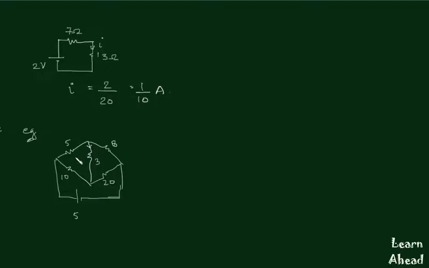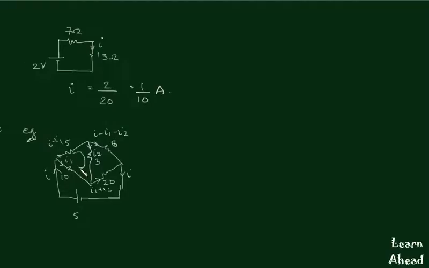So in your 12th standard, what you have done is, you suppose this current to be I and this current to be I1, then you say that by KCL this current would be I minus I1, and let's suppose this current to be I2, then this current will be equal to I minus I1 minus I2, and this current will be equal to I1 plus I2, and this current will be again equal to I.